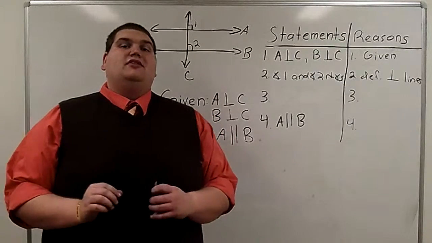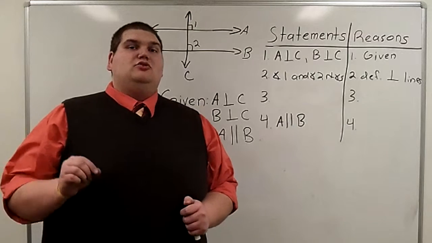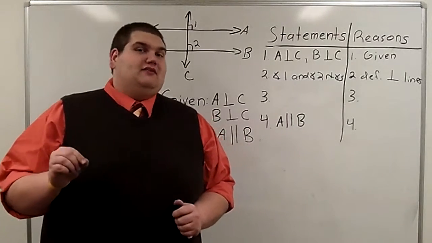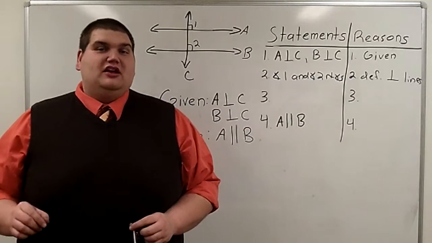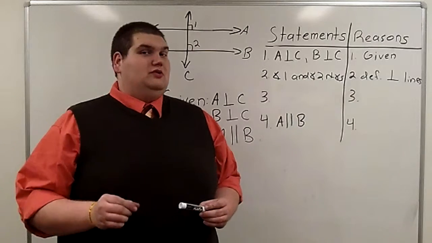Then, with angles 1 and 2 being right angles, and using theorem 4.7, which states that if we have two angles being right angles, they are congruent, we can say angles 1 and 2 are congruent to each other.